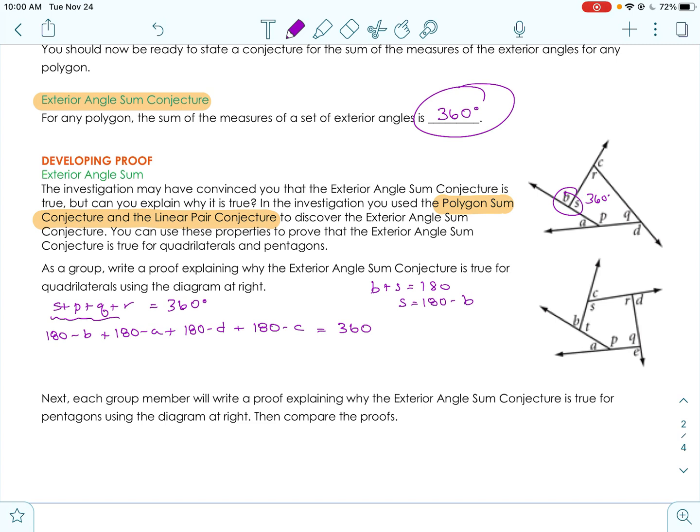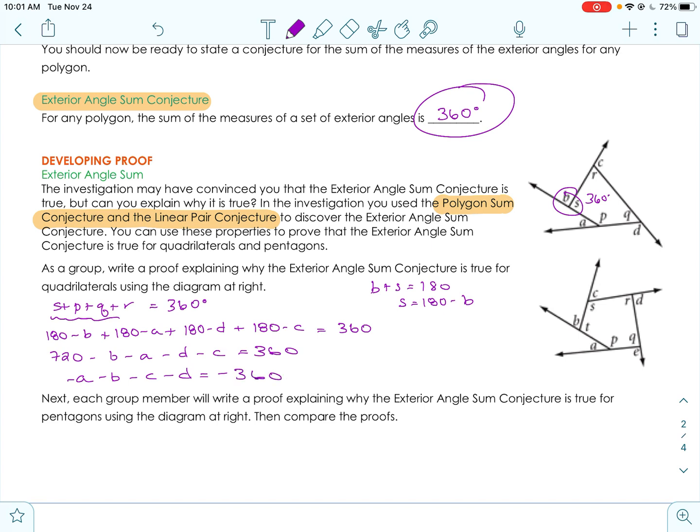So if we look at this, we have 180 four times. So 180 times 4 is 720, minus B minus A minus D minus C equals 360. If we subtract 720 from both sides, and I'm going to rearrange these variables, we'd have minus A minus B minus C minus D equals negative 360 degrees.